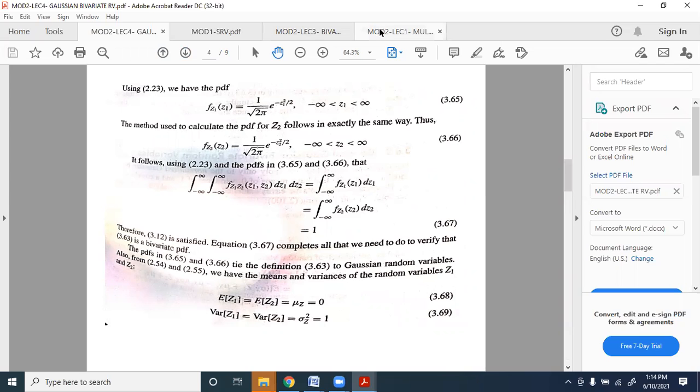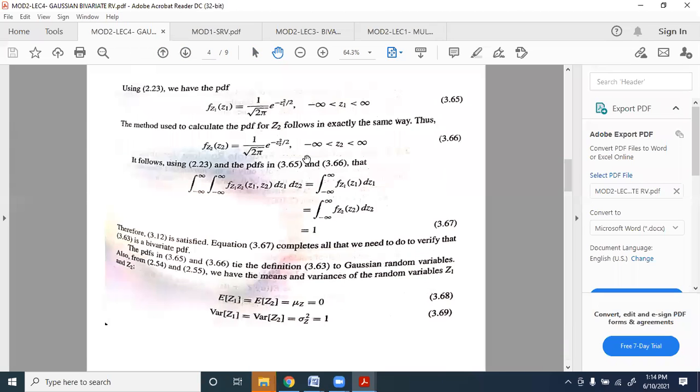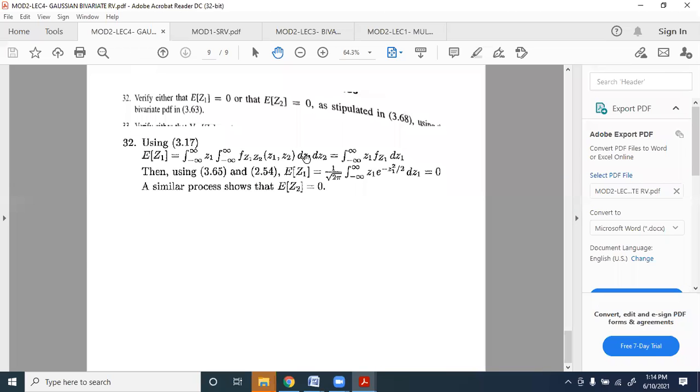If we substitute it there, then you will get E of Z1 as the value 1 by root 2 pi, integral from minus infinity to infinity of Z1 e to the power of minus Z1 squared by 2 dZ1, and that will give us the value equal to 0. Okay, so we can take 3.65.